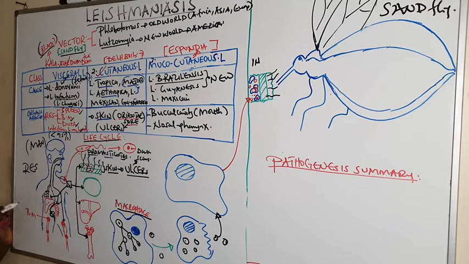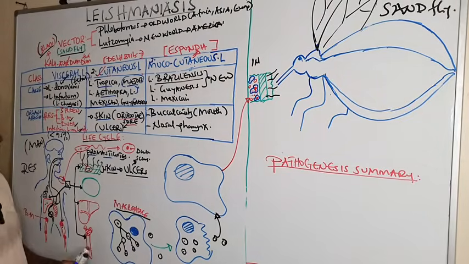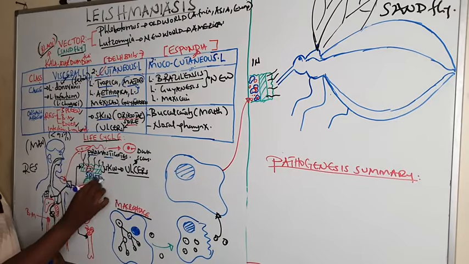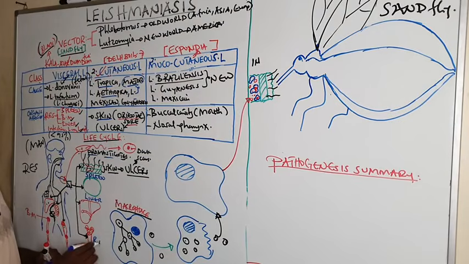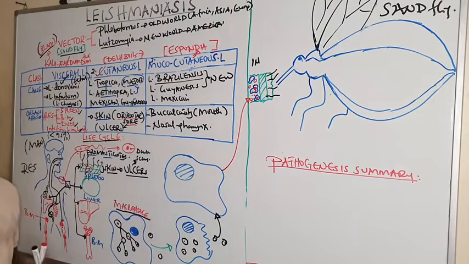So after being ingested, the same process will continue. So we are going to see the macrophages within the spleen, within the liver, within the bone marrow, and sometimes within the intestines. They are going to ingest these promastigotes and transform into what we call the amastigotes.